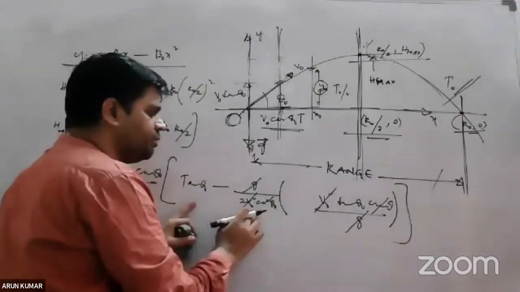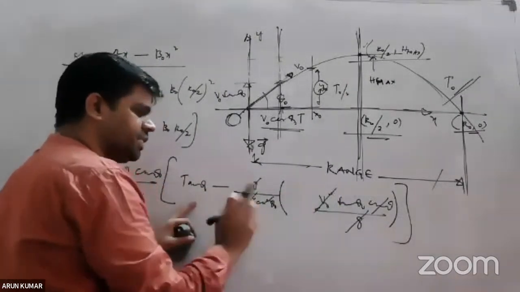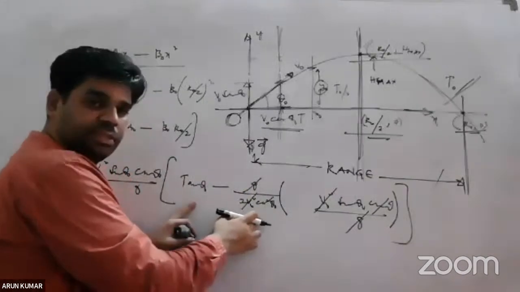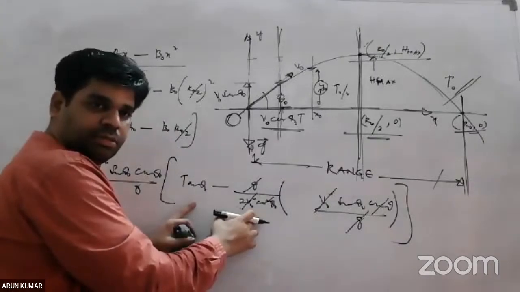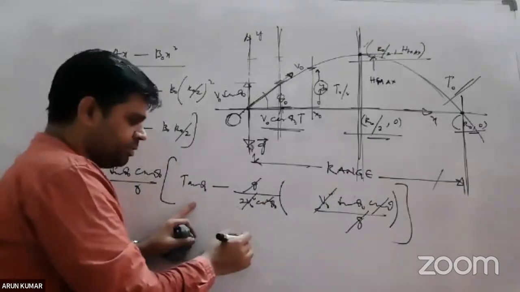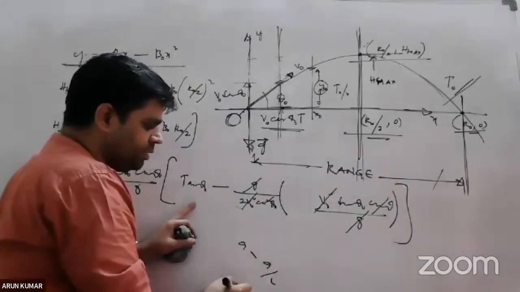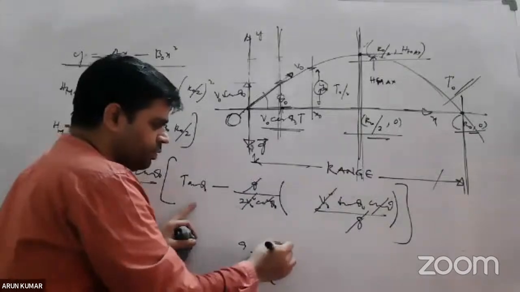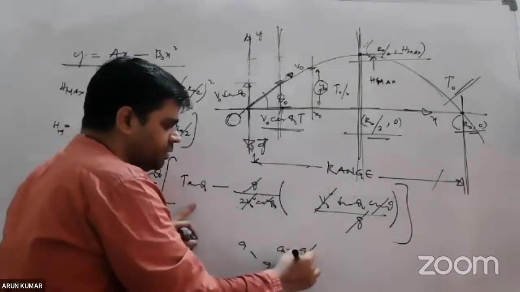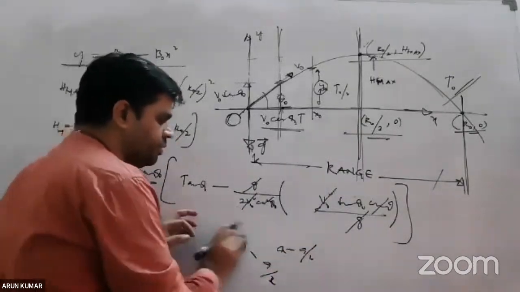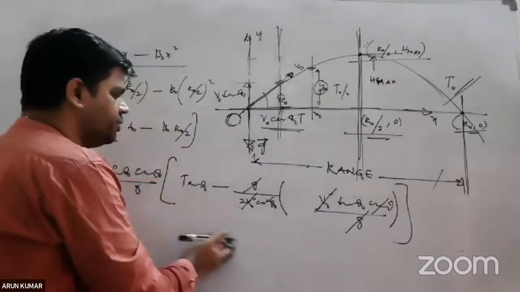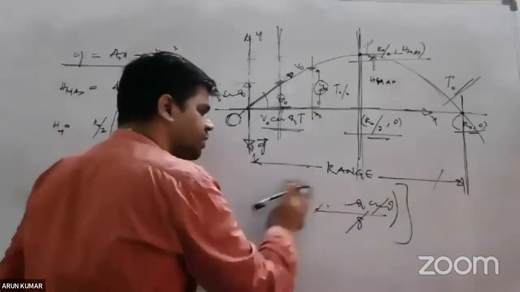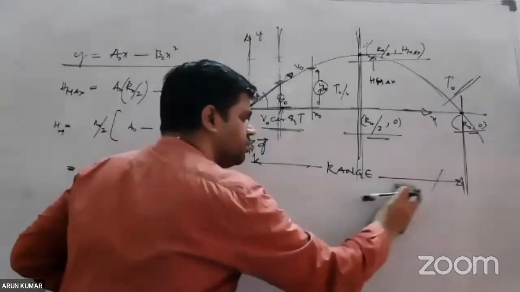What is remaining is sin theta by 2 cos theta. Sin theta by cos theta is tan theta. What remains is tan theta by 2. What is a minus a by 2? a by 2. So tan theta minus tan theta by 2 is tan theta by 2. Everyone is okay with that? Yes, sir.